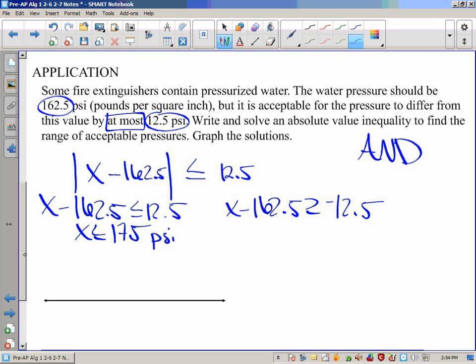I think so. Okay. And then here, if I add 162.5, that's going to be, I think, 150 psi.